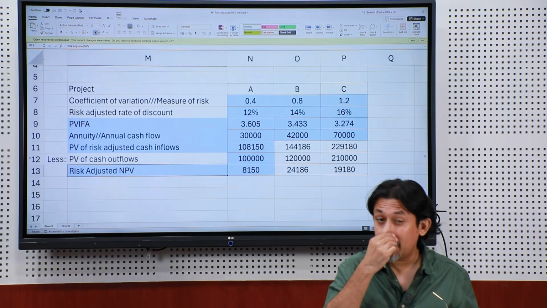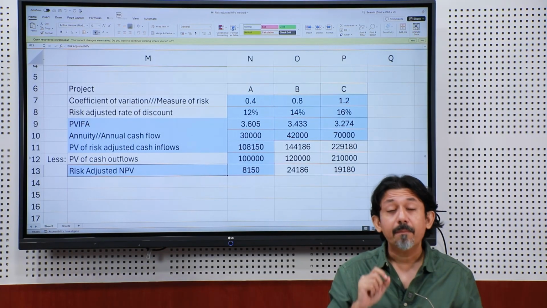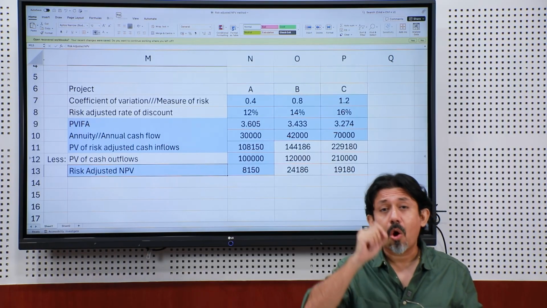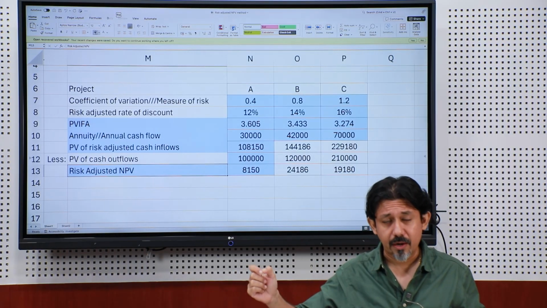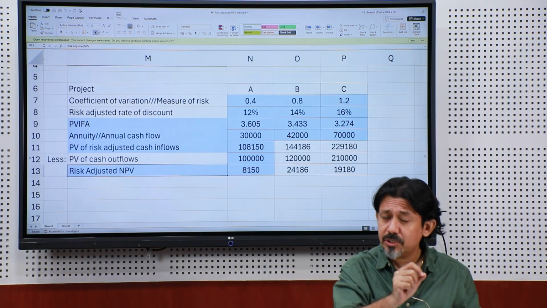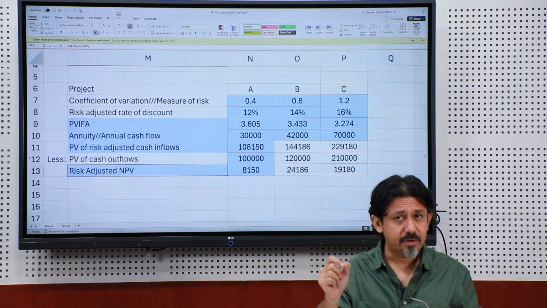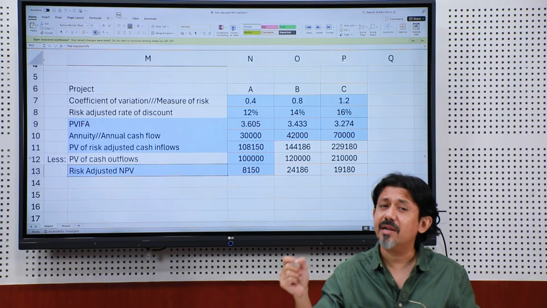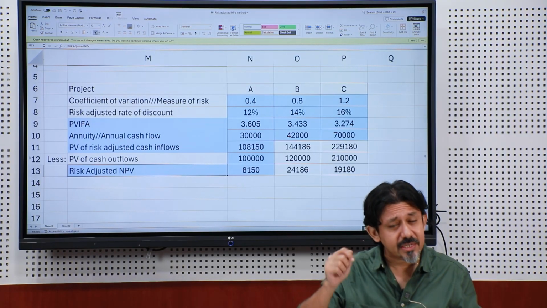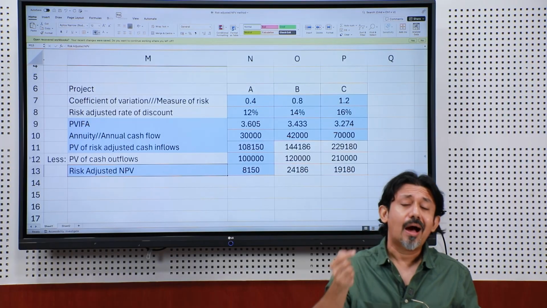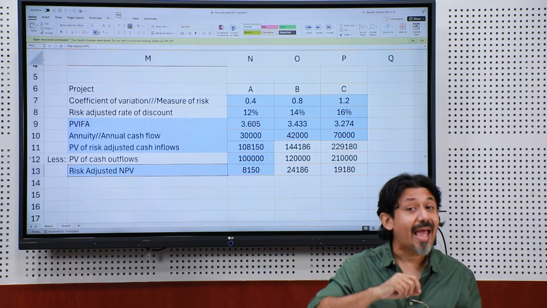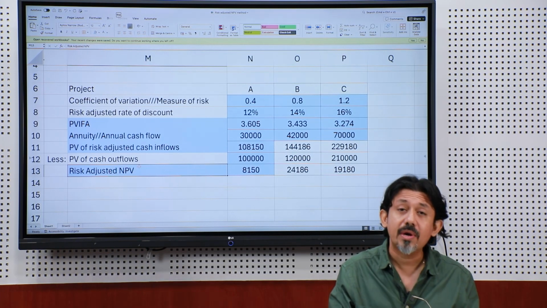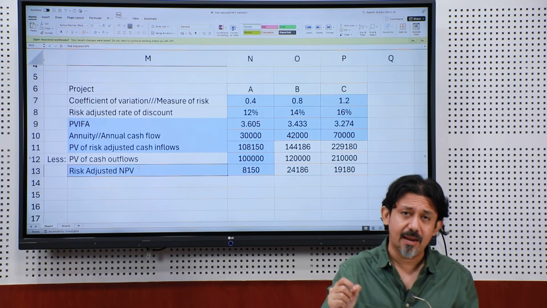Why do I call it the risk adjusted NPV? Because we adjusted the discount rate according to the level of risk involved. We looked at the coefficient of variation which shows the risk, and according to the coefficient of variation we selected the discount rate. So, we adjusted the discount rate according to the level of risk and then calculated the NPV, and hence this NPV is known as the risk adjusted NPV.